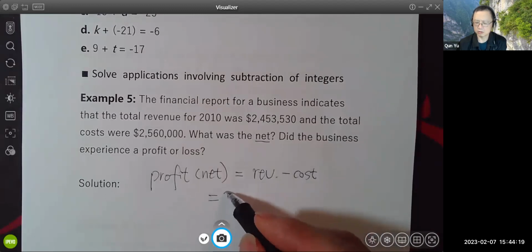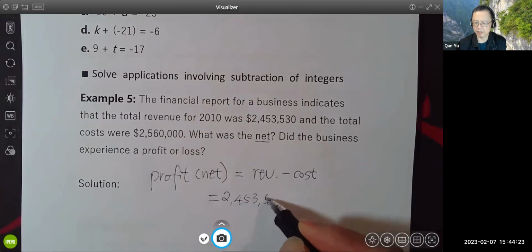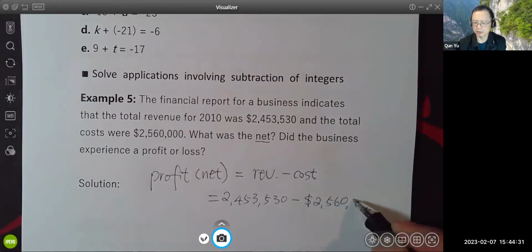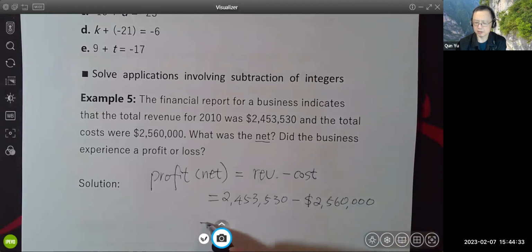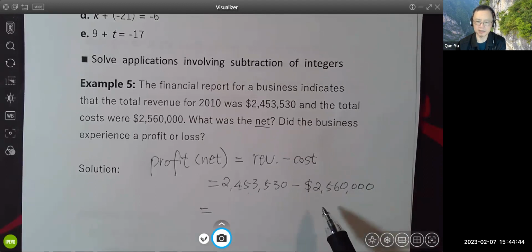Revenue was $2,453,530. Subtract the cost, $2,560,000. Now, certainly we can change minus to plus, or you can just use your calculator to do subtraction directly. Common sense tells us you're going to have a negative number, right?